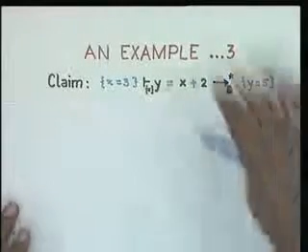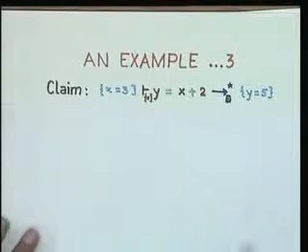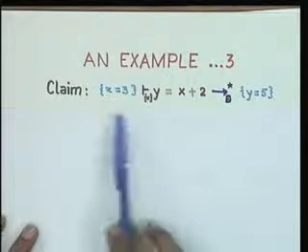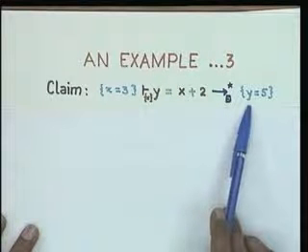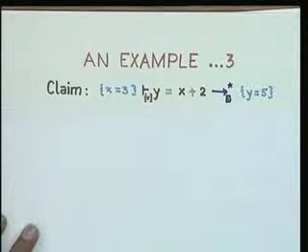Okay, so I'll cut a long story short by making some outright claims which are obvious. So here are two claims, which are really obvious and can be proved using the rules. In the environment x equals 3, y equals x plus 2 yields the environment y equals 5.